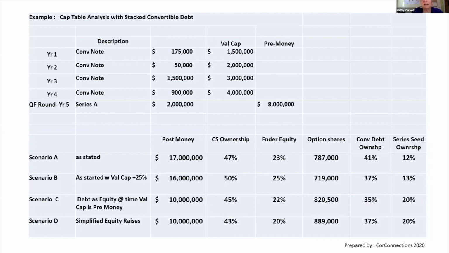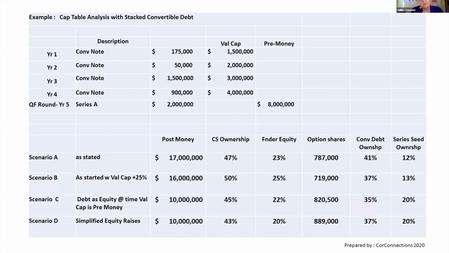They raised about $175,000 at $1.5 million, then had a second convertible note at $2 million, raised a larger round of $1.5 million at a valuation cap of $3 million, then did a convertible note of $900,000 at $4 million, and then raised $2 million at a pre-money valuation.